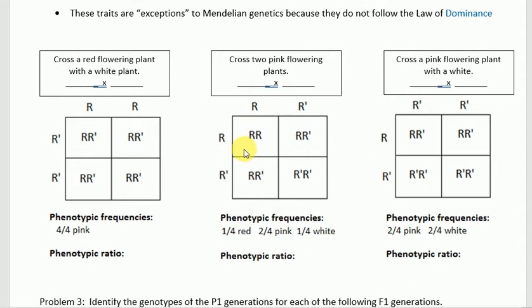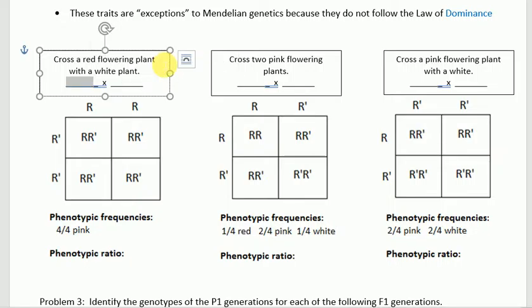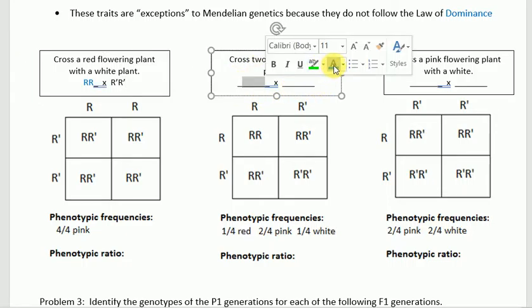So let's look at some examples here. If we're going to cross a red flowering plant with a white plant, we're going to cross two capital R's with an R prime, R prime. If we cross two pink, that means that is an intermediate.